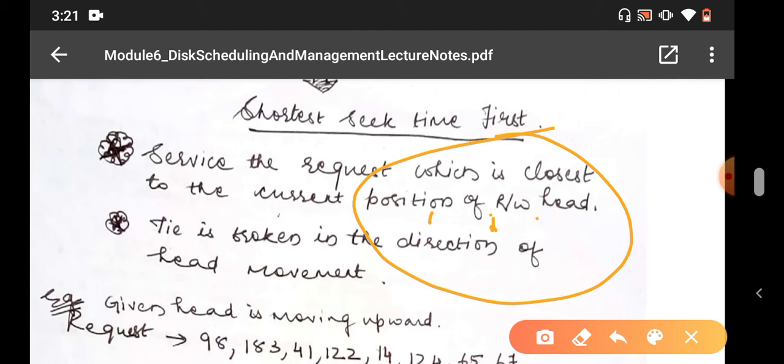Both places are equidistant from the head, but if my head is moving in this direction, this request will be served first. If my head was moving in the other direction, this particular request will be serviced first.